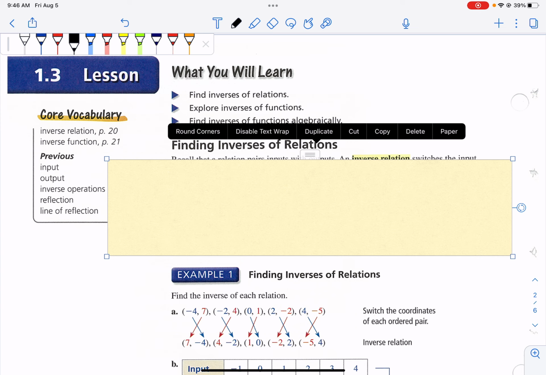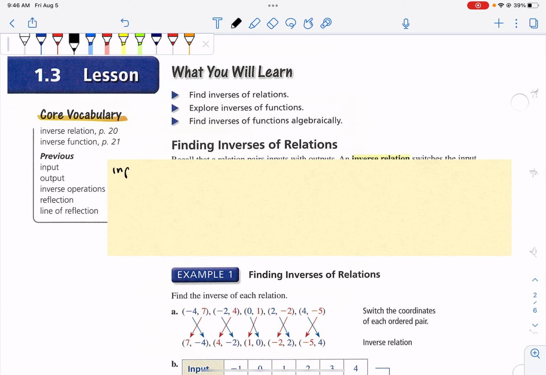So first definition, input. When we're talking about functions, an input is the value that you put in the function. It's usually an X value. All right?